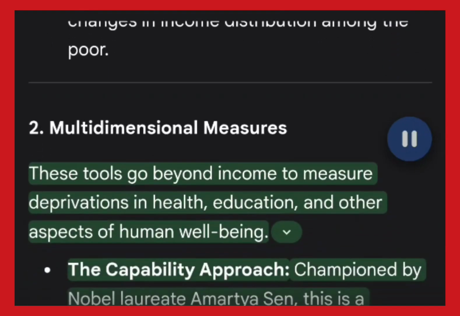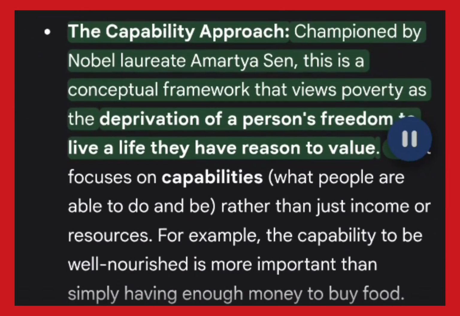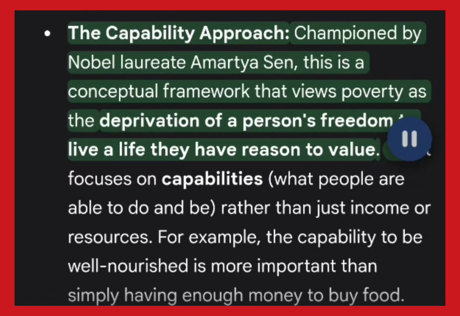2. Multidimensional measures. These tools go beyond income to measure deprivations in health, education, and other aspects of human well-being. The capability approach, championed by Nobel laureate Amartya Sen. This is a conceptual framework that views poverty as the deprivation of a person's freedom to live a life they have reason to value.